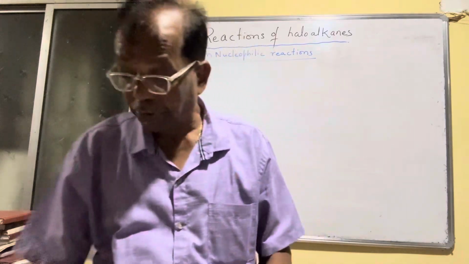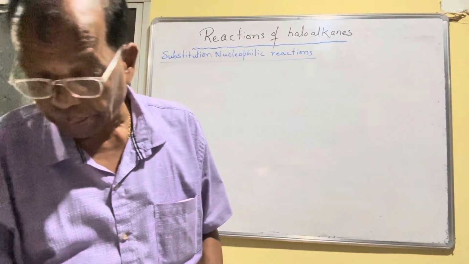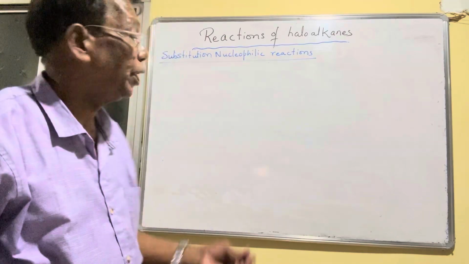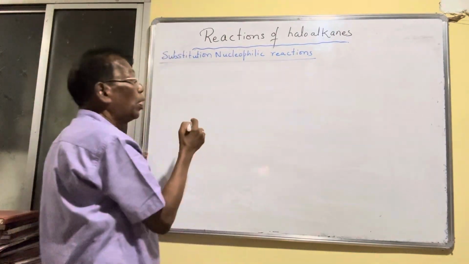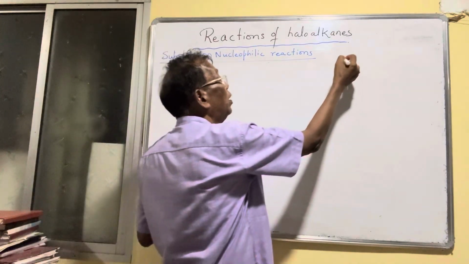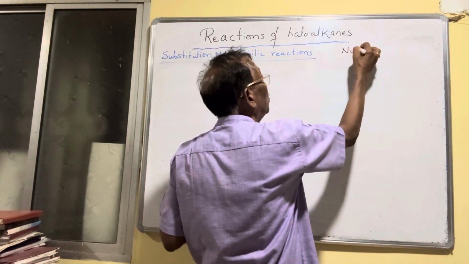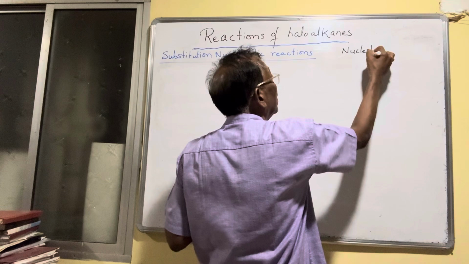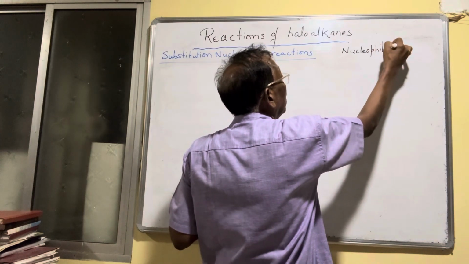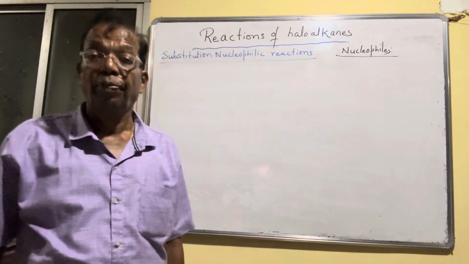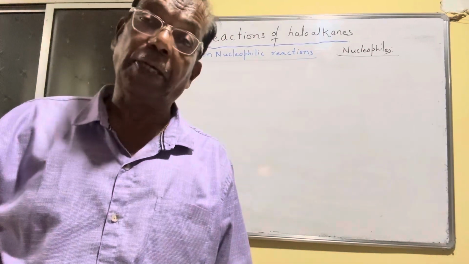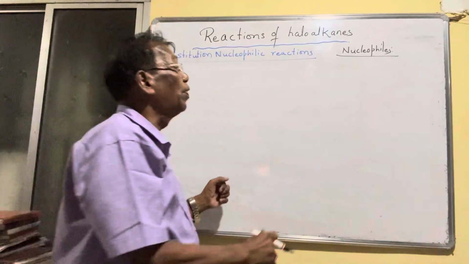So I will take the first one, what is called substitution nucleophilic reaction. First, you must understand what is called a nucleophile. Nucleophiles are the reagents which are rich in electrons, therefore they are called nucleophiles.